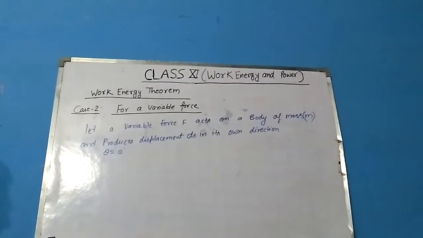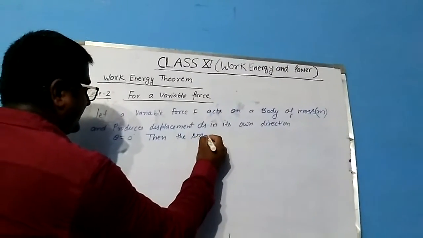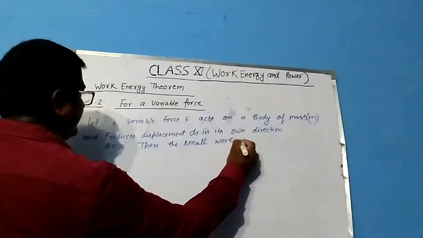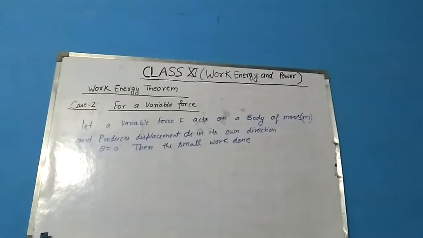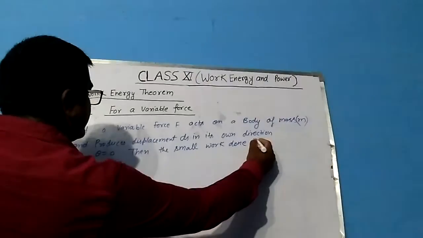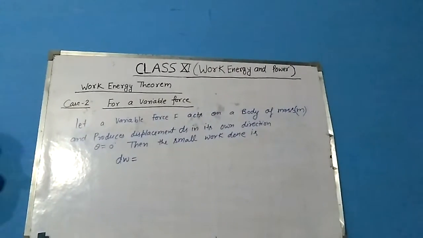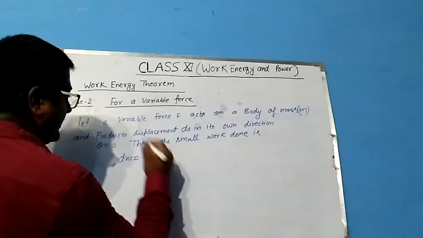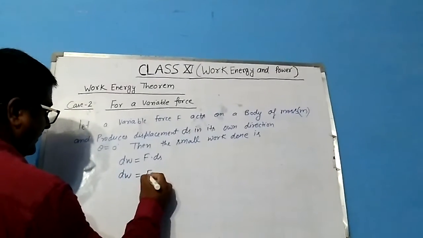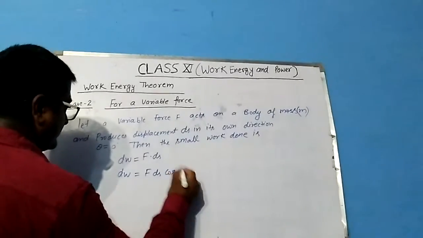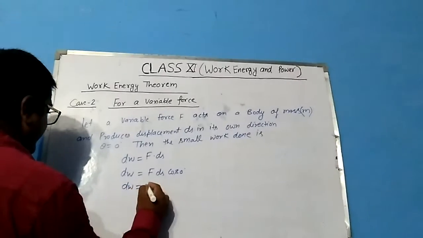Then the small work done is dW equal to F dot ds. In the same direction, dW equal to F ds cos 0, value is 1. So dW equal to F ds.